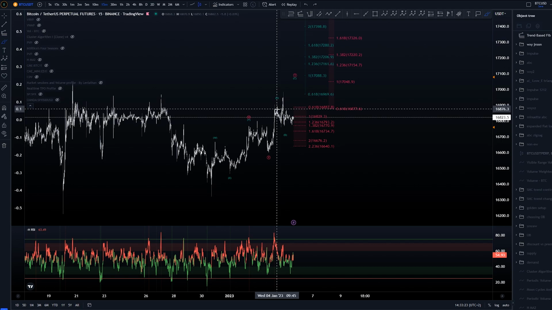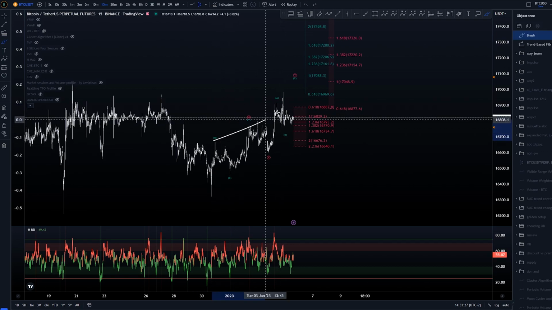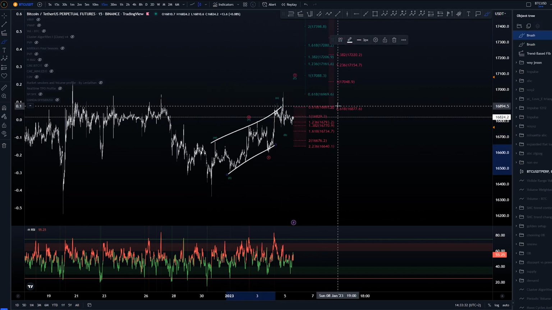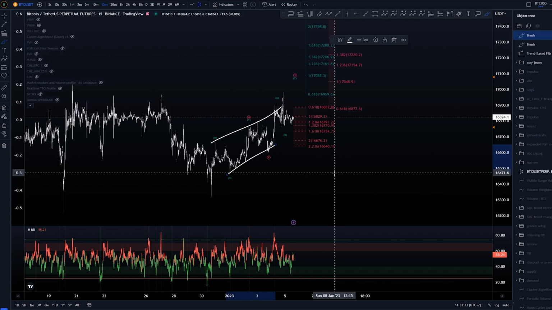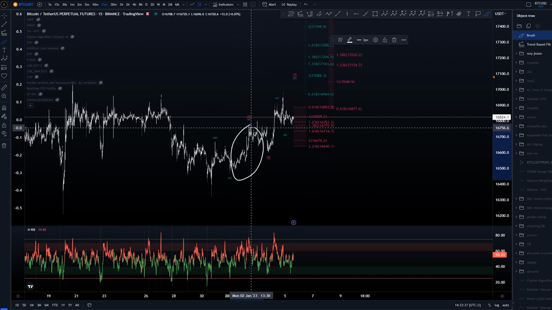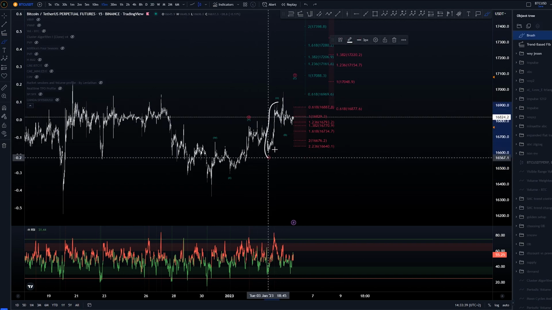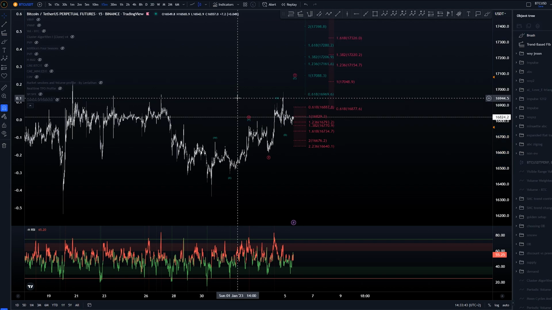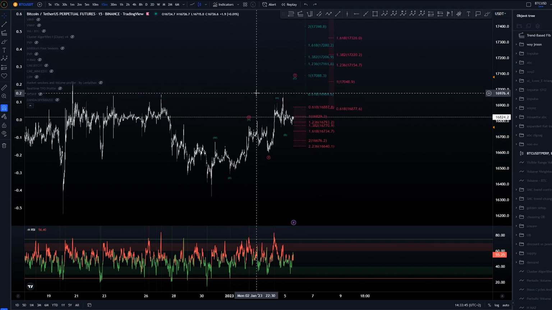At that point, we definitely need to be looking into something else, potentially having this as a diagonal on its own, something like that. But again, not really liking that scenario at this very moment, just due to how overlapping this structure is. And this being a 5-wave structure, it would have to fit into a 5-wave. Not really my favorite thing.